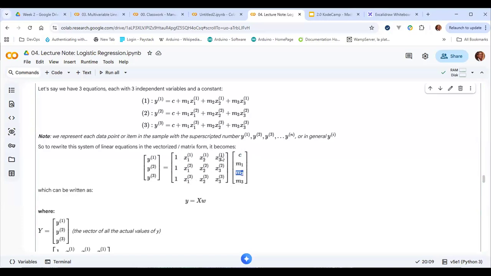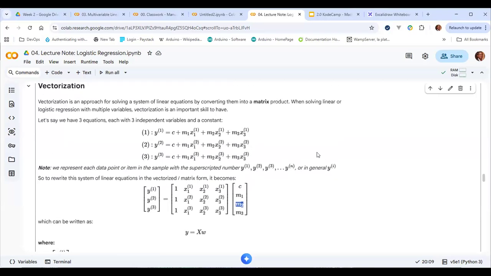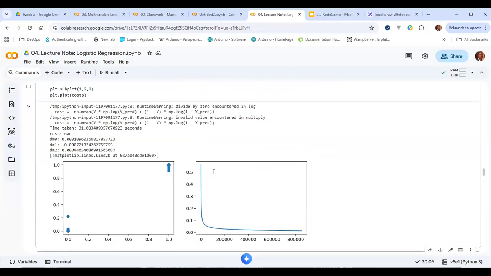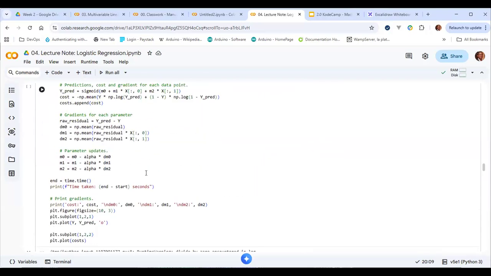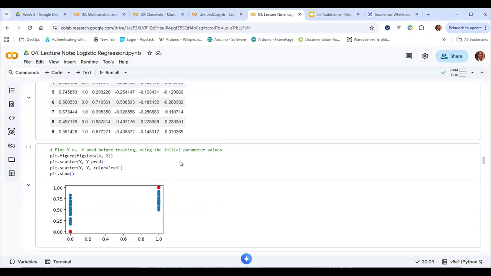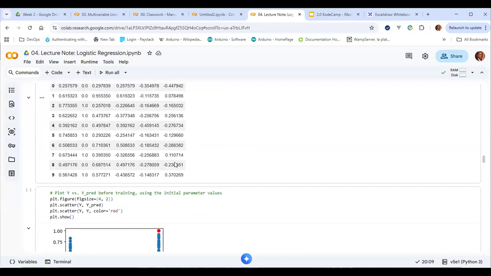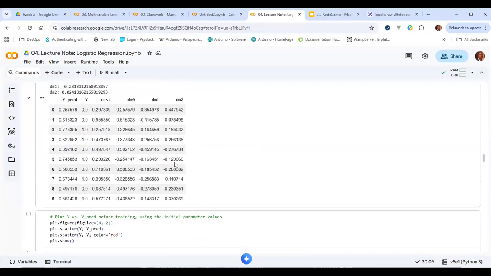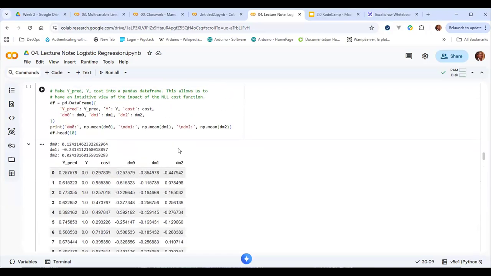Then this matrix now holds the data. This matrix represents the data, where each column is called a feature. Each column is called a feature. So let's assume, for example, if you look at the original data that we used, the DM0, DM1, DM2, these are where we calculated the gradients. But those gradients are tied to specific things.